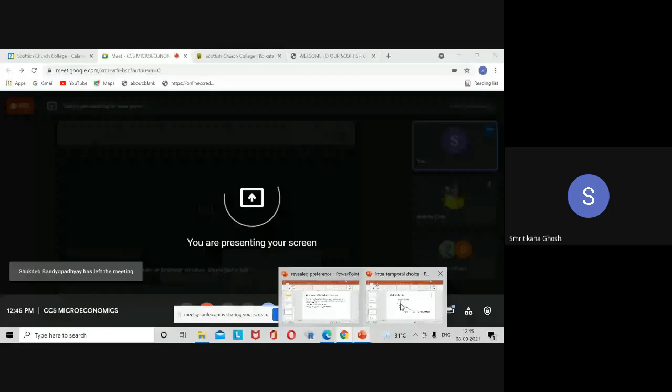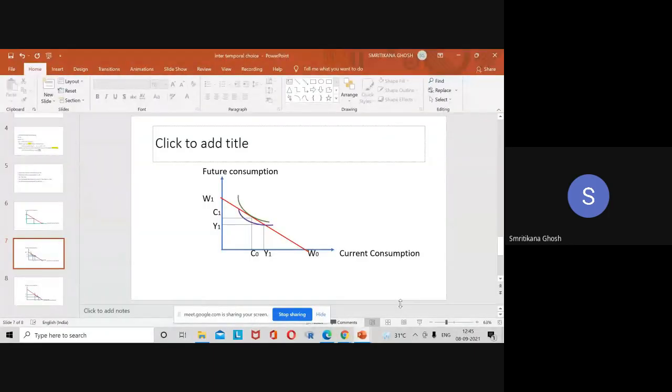Ma'am, can you explain that graph once? Which one? I'm facing a problem in that. Ma'am, the last one you showed. Just a minute. This one, I think?